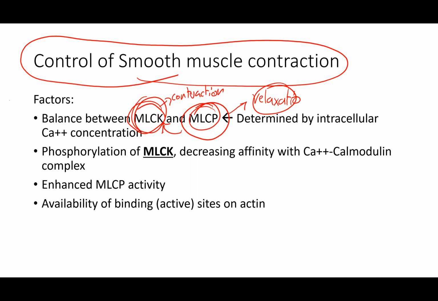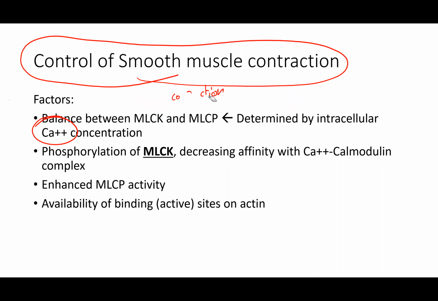If the contraction enzyme is higher, contraction will be higher. And this all depends on intracellular calcium. The more calcium there is, the more active calmodulin is, the thing we just discussed. As calcium goes down, activity goes down. So this is the first factor.